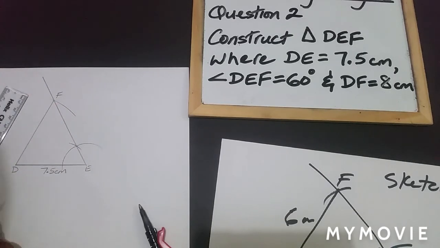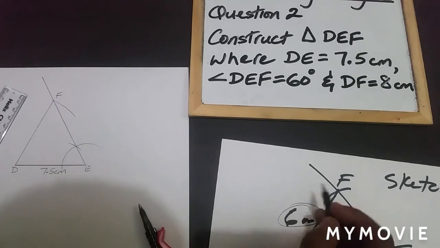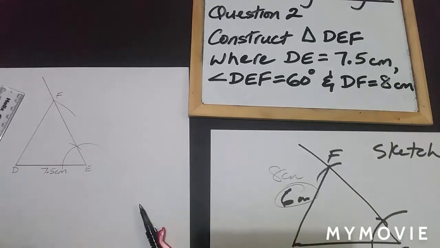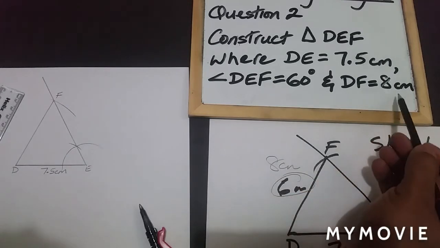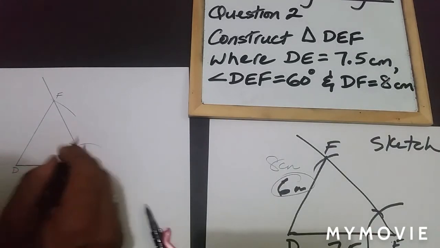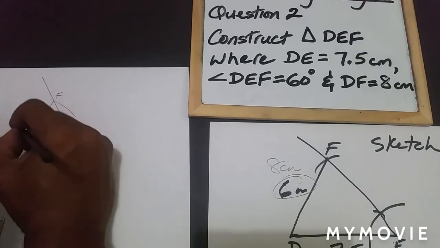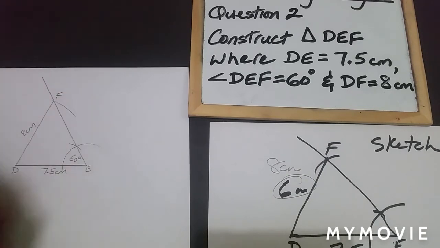So that would be the construction. So let me just adjust that to 8 centimeters as we changed. All right, so just bearing that in mind, we made an adjustment to this length. So this angle here is 60 degrees and the length of DF is 8 centimeters.